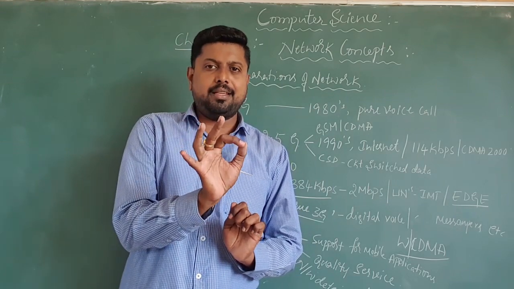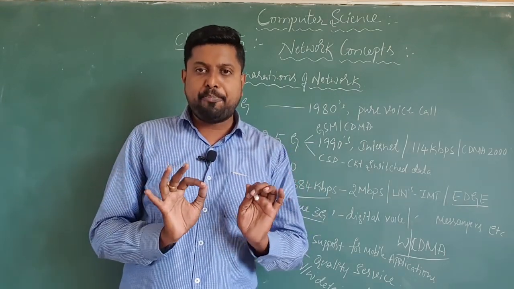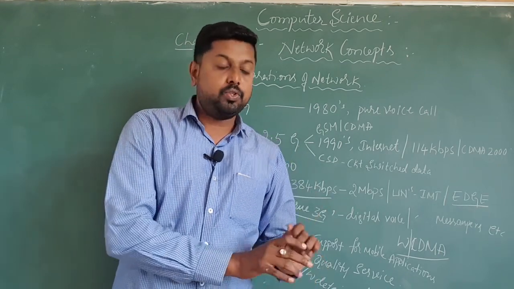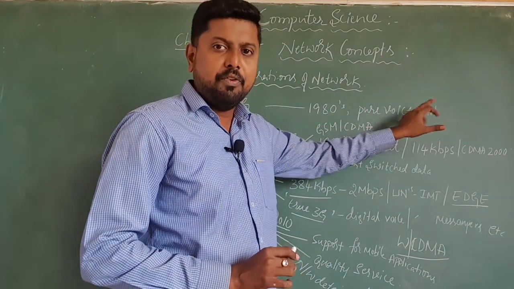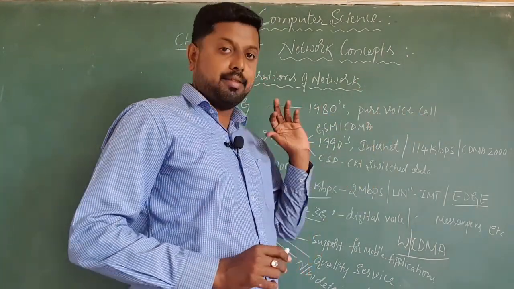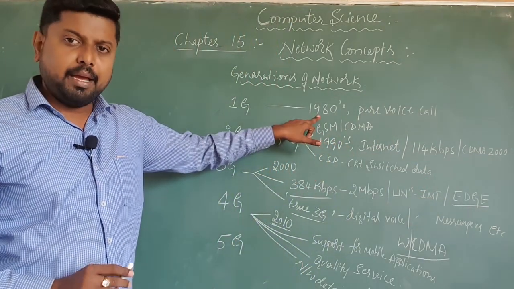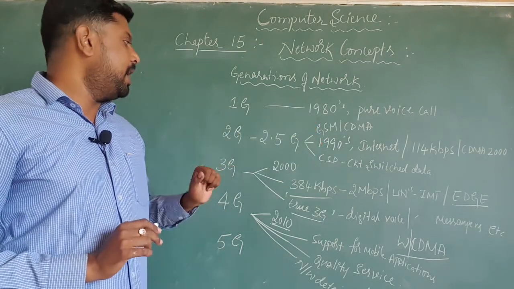In the 1980s, for the mobile, we had only the voice call option, not at all any internet. So in that generation, the pure voice call facility was there on the mobiles, usually offered by GSM or CDMA mobile phones.